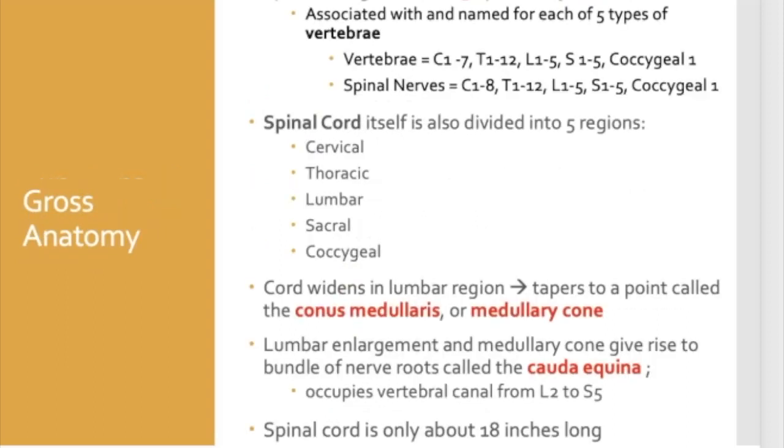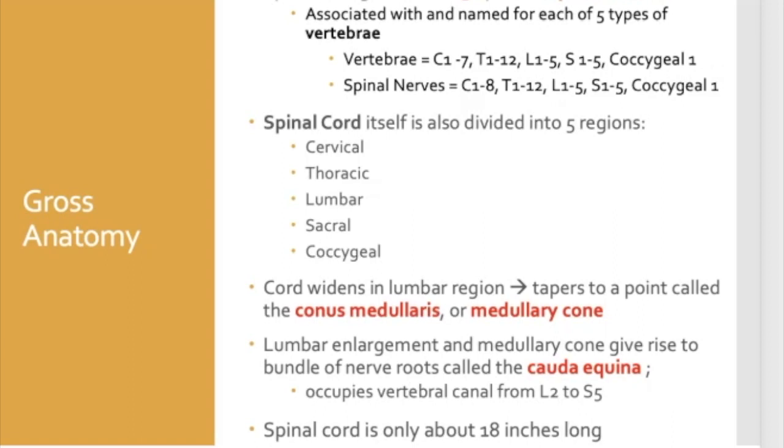We spend a lot of time in the lecture talking about the gross anatomy of the spinal cord because there's a lot of language for us to learn. Remember, the spinal cord is going to give rise to 31 pairs of spinal nerves. And the way the spinal nerves exit is through the vertebral column. We talk about how the numbering system for the vertebrae and the spinal nerves is just a little bit skewed.